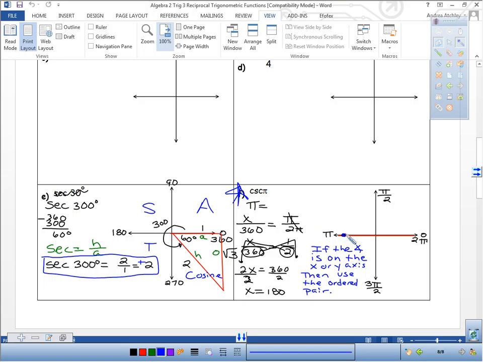Do you guys remember what the radius is in a unit circle? The radius is always what in a unit circle? The radius is always 1. Okay, the radius is always 1. So this is a radius. Okay.